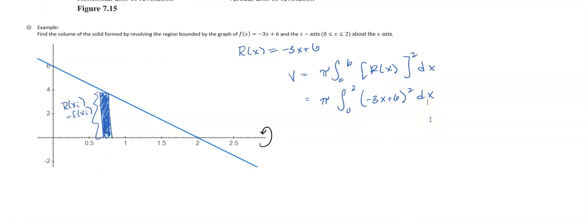It's up to you. I'm going to use the chain rule, so I'll let u be negative 3x plus 6, which means u prime will be negative 3. So I would need a negative 3 on the inside of the function and on the outside of the integral.